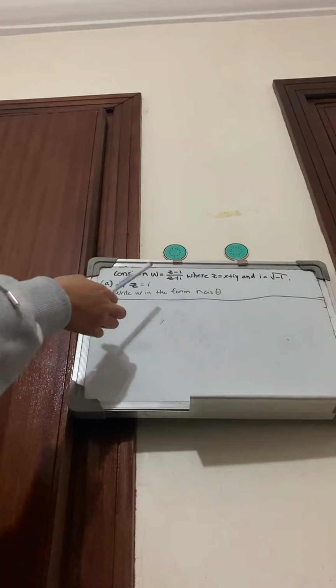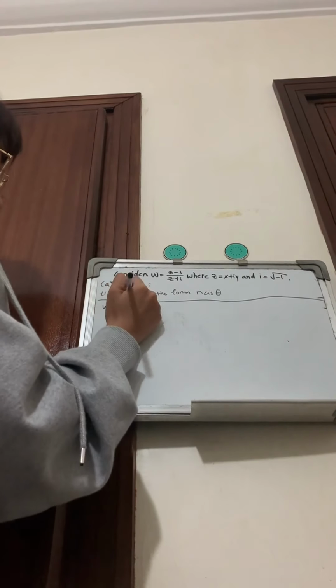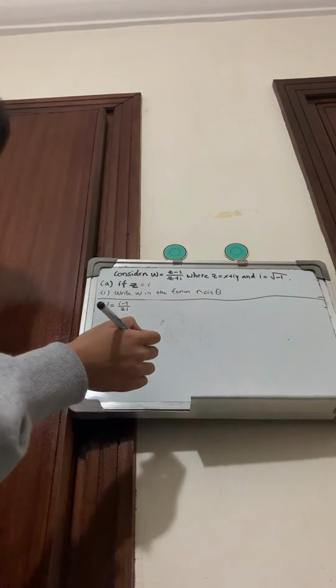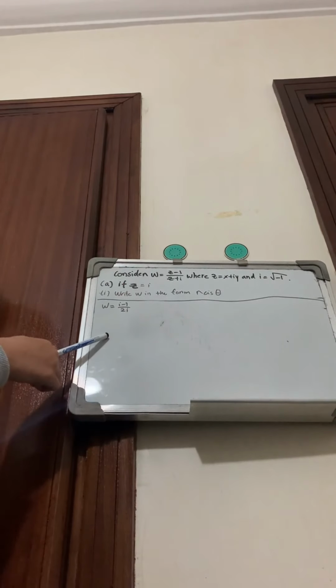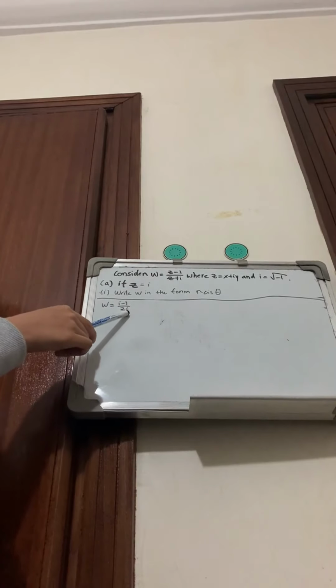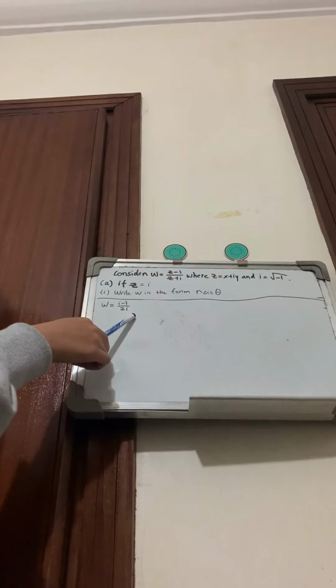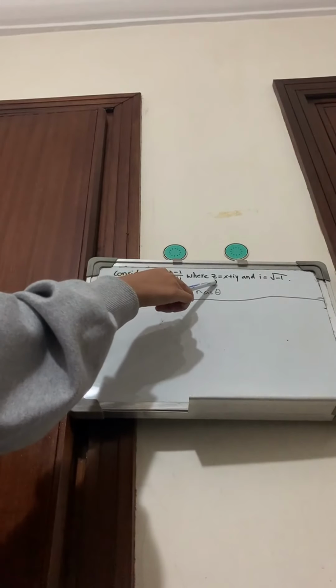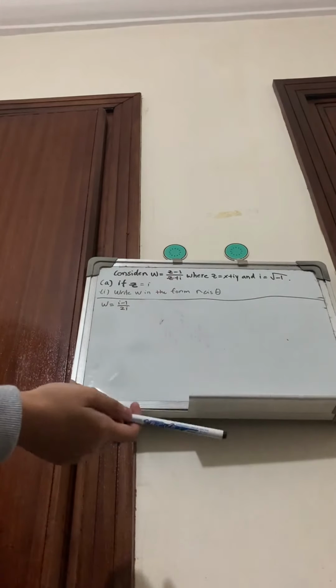So to tackle this problem, we would first have to replace z with i. That would give us w is equal to (i minus 1) over 2i. And we do not want to have an i in the denominator. We want to express this fractional complex number into its simplest Cartesian form, x plus iy.